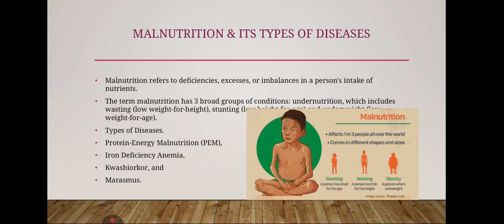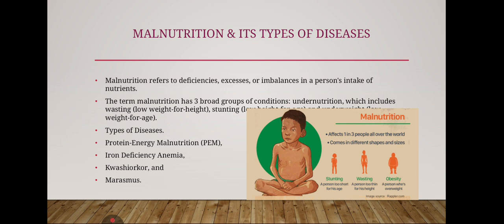So these contain three groups of conditions. Next, types of diseases. Mainly, it consists of protein energy malnutrition, iron deficiency disease, which is called anemia, Kwashiorkor, and marasmus. These are the types of diseases in malnutrition.